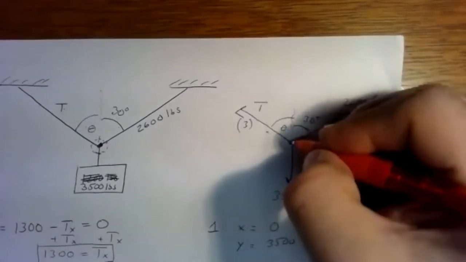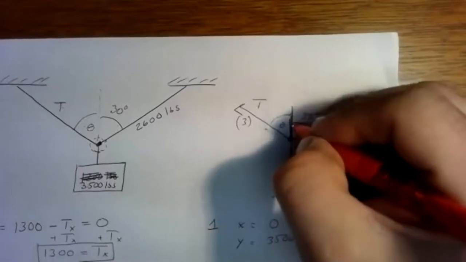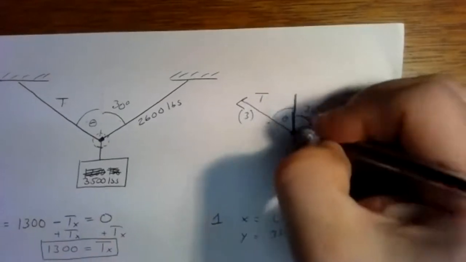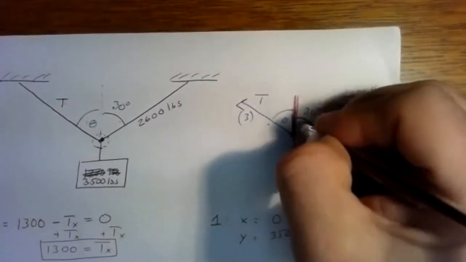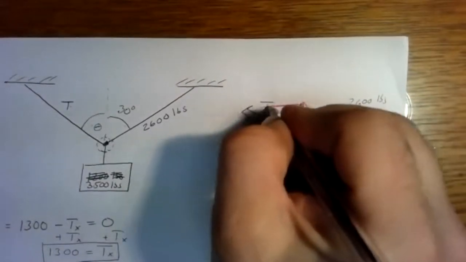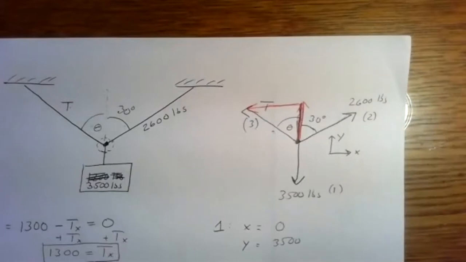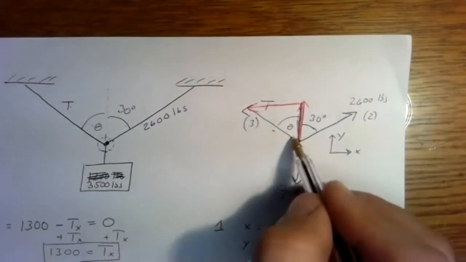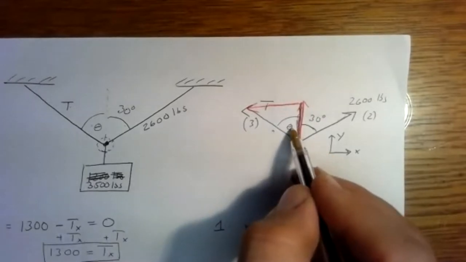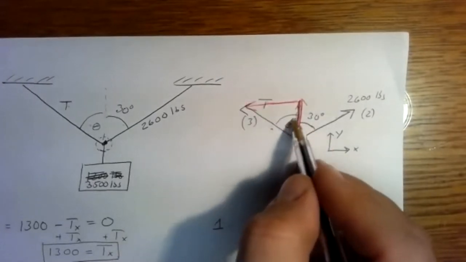Well, that's not right. Let's try a different one there. There's TY and TX. So we're just building this resultant vector out of TY and TX. We want this angle, so we've got to make sure it's inside the triangle.